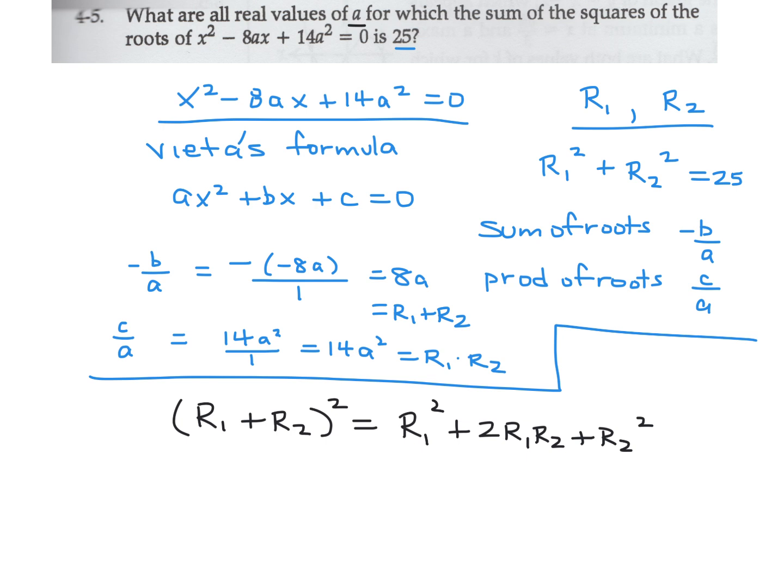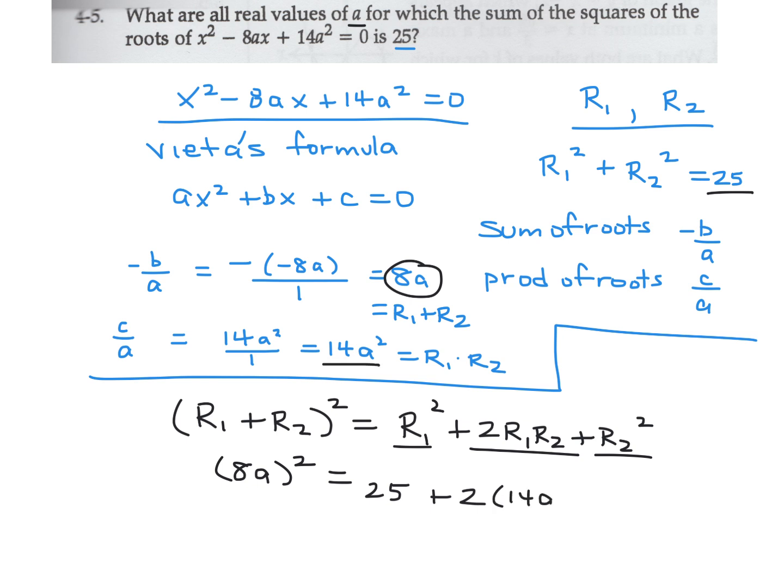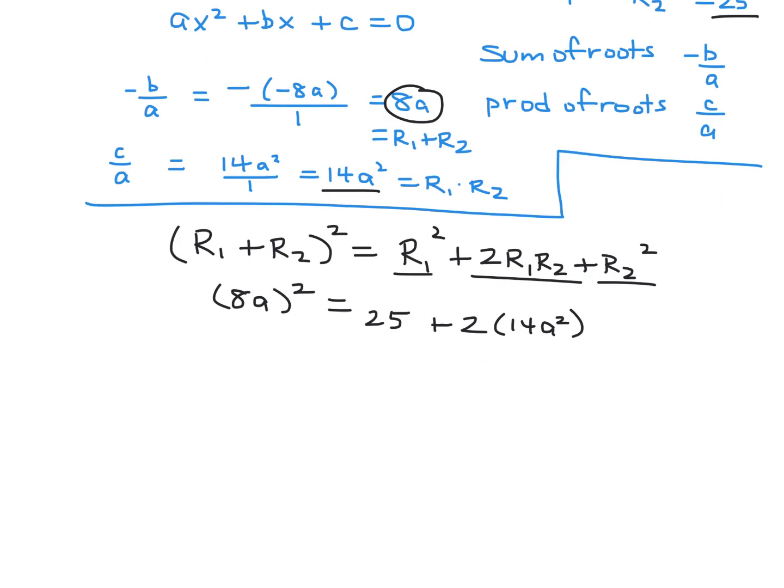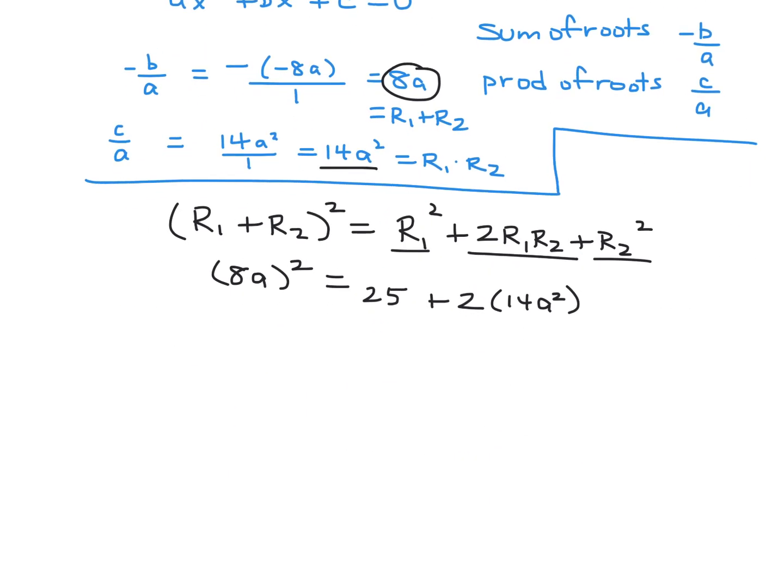Okay, r1 plus r2 is 8a, so put that in here, 8a squared. r1 squared plus r2 squared, well, that was 25. And then this 2 times r1 r2, well, r1 r2 was 14a squared. Okay, that's exactly what I thought would happen, is that we get an equation that will help us figure out a.